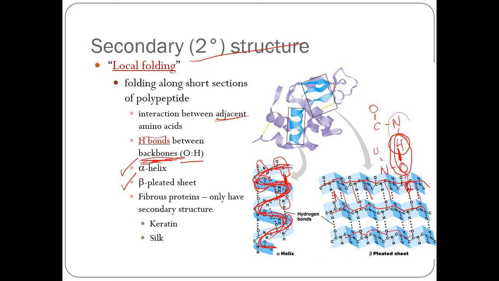So that's why it's called a beta pleated sheet, because its formation looks like a sheet. Okay, so for fibrous proteins, you only have secondary structure. So examples of that are keratin and silk. Okay, so we will go to that later when we have the types of proteins.